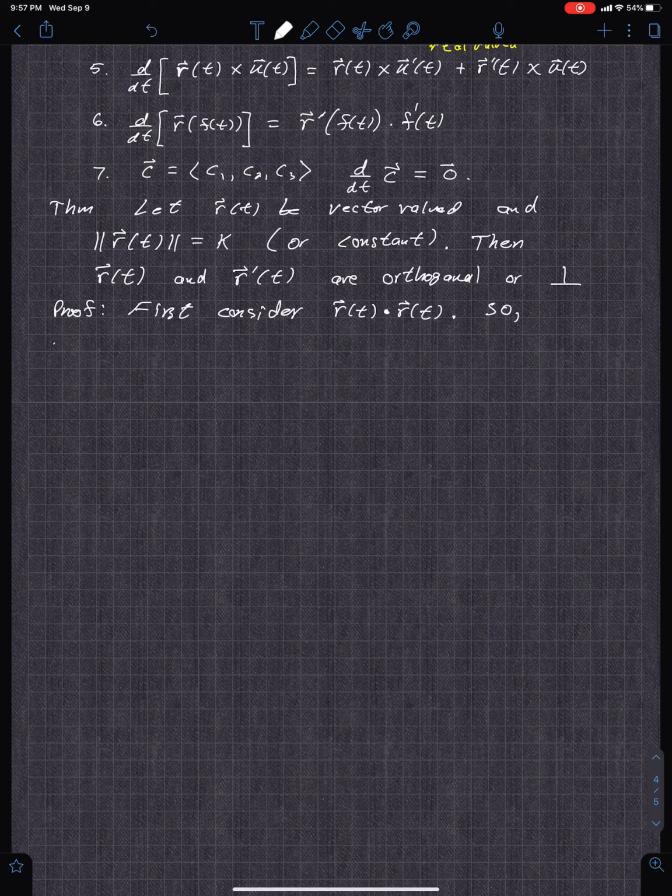That equals, do you remember, the magnitude of the vector squared. And we know that's a constant, or it's in the reals. It's just a constant number. The magnitude squared is equal to a constant.